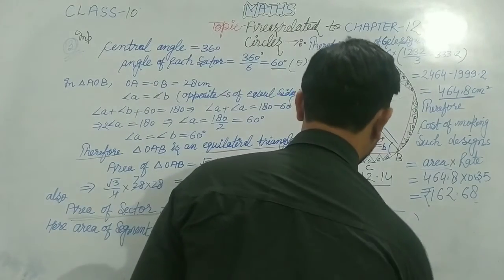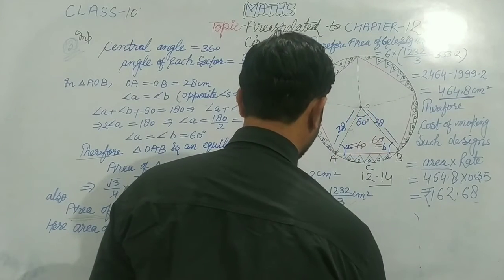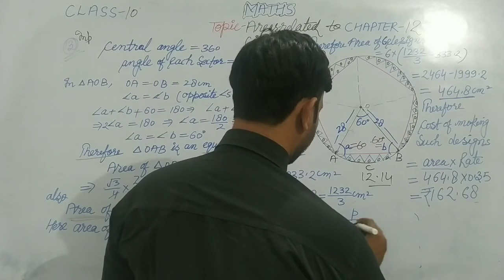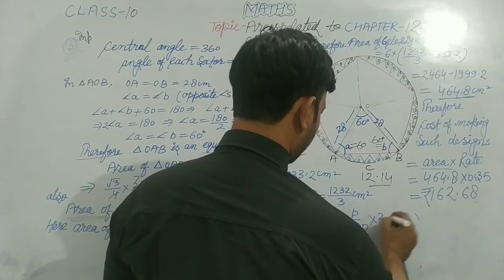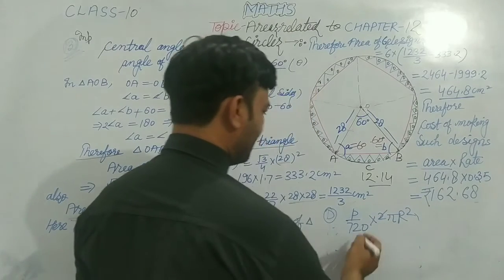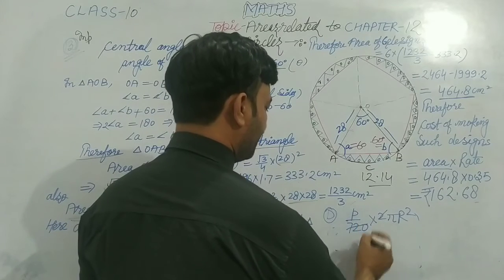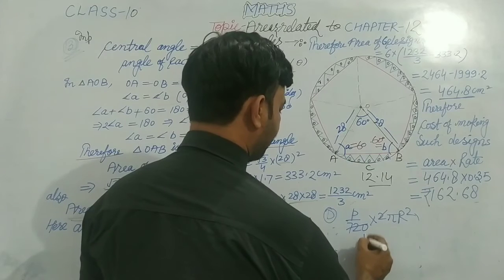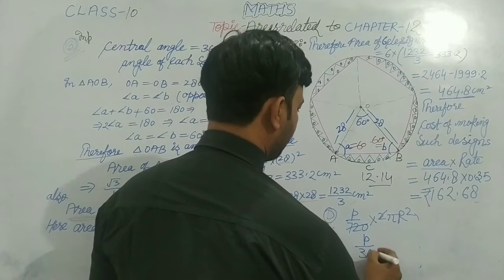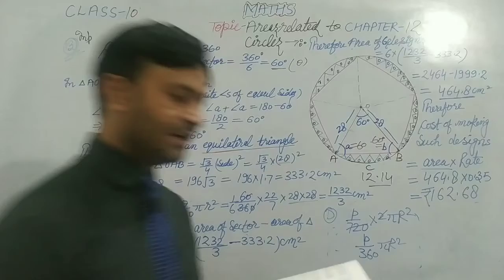Because if we put the D part, P over 720 multiplied by 2 pi r square, the 2 cancels out, and we get P over 360 pi r square. This is the area of the sector, so we can say D part is correct.